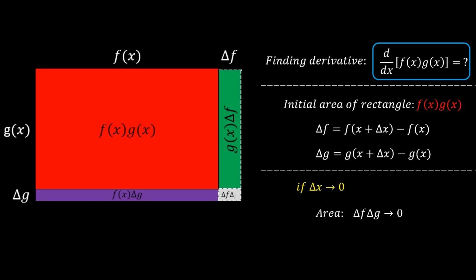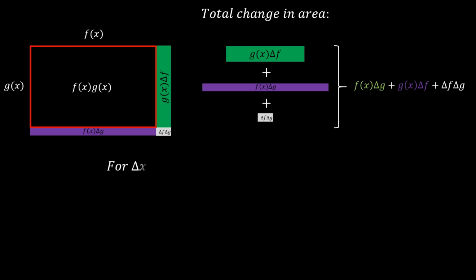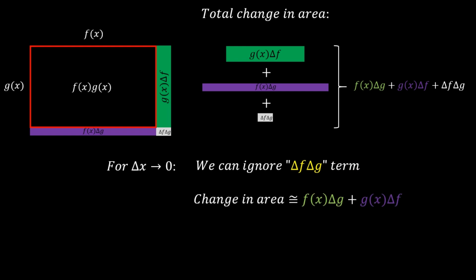If delta x is small enough, we can ignore the piece in the lower right corner, just as before. So, the best estimate for the change in area would be f(x) delta g plus g(x) delta f. As delta x approaches 0, d over dx of f(x)g(x) would be equal to f(x)g prime(x) plus g(x)f prime(x).